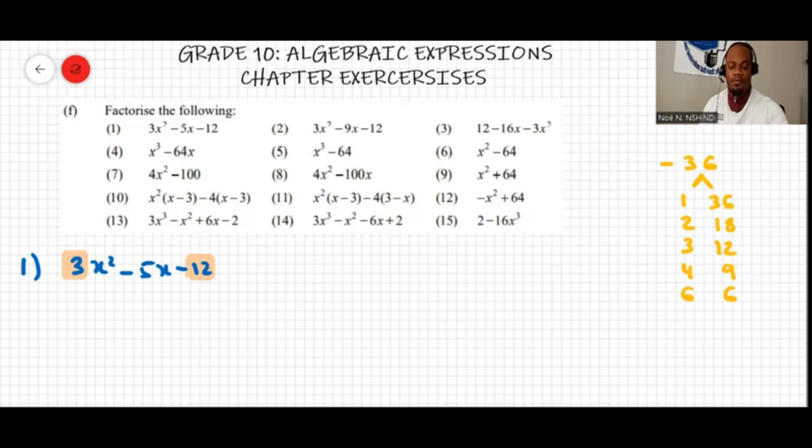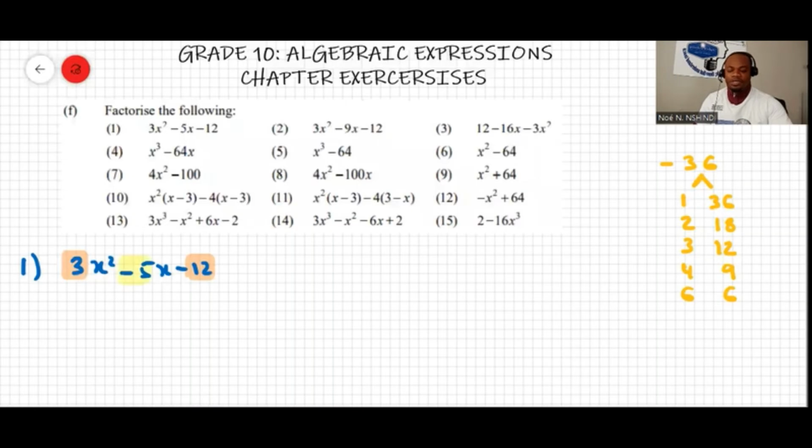Now we look for the only couple that will make a sum equal to the coefficient of the middle term, -5. We see that we can get -5 only with a positive 4 and a -9, because 4 minus 9 makes -5. And 4 times -9 makes -36.